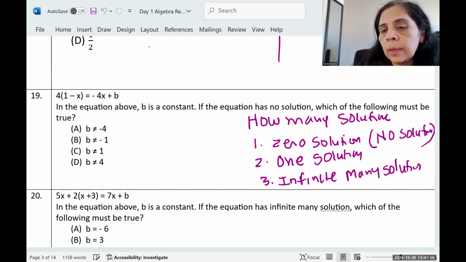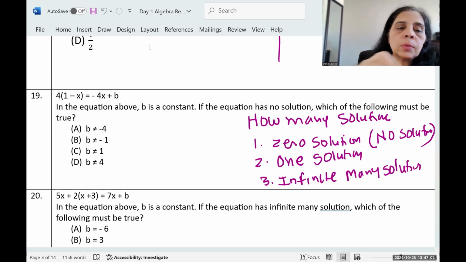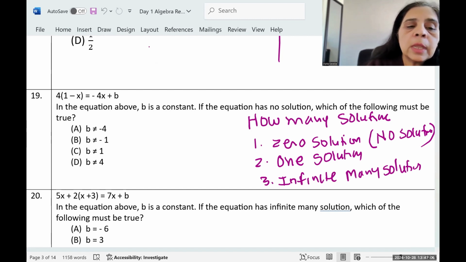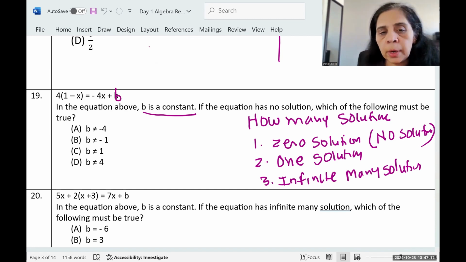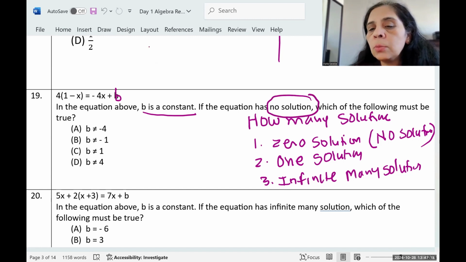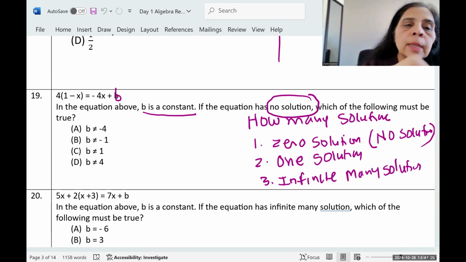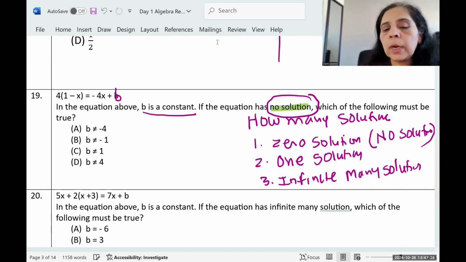All right. Now let's see what they give you and how we can recognize this. In the equation above, b is a constant. So b is constant, which means it could be any number. If the equation has no solution, which of the following must be true? So they give you no solution, right? How can we decide?